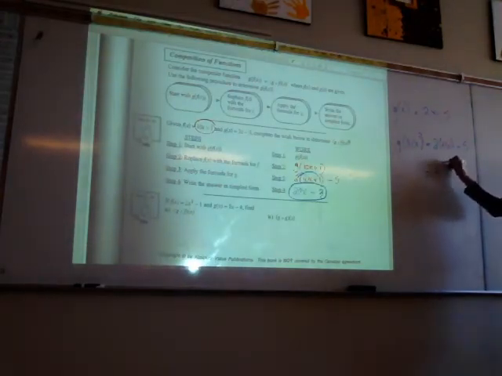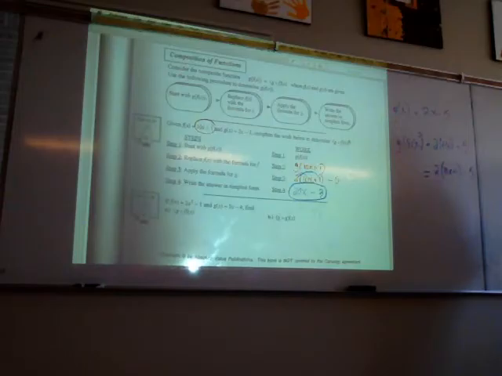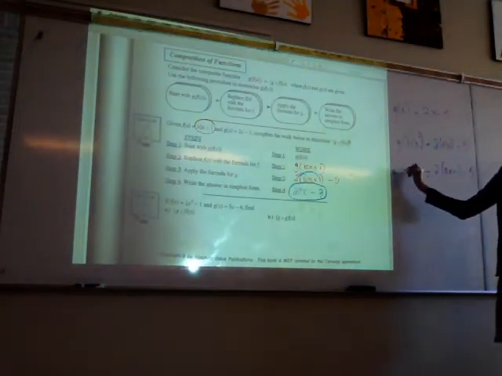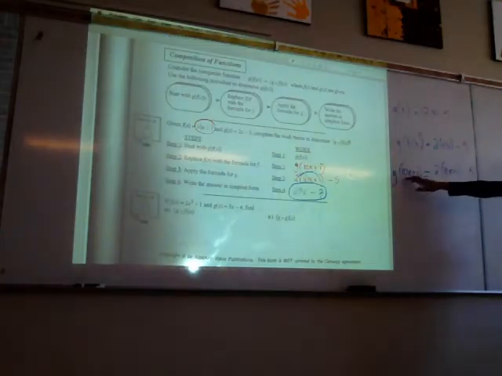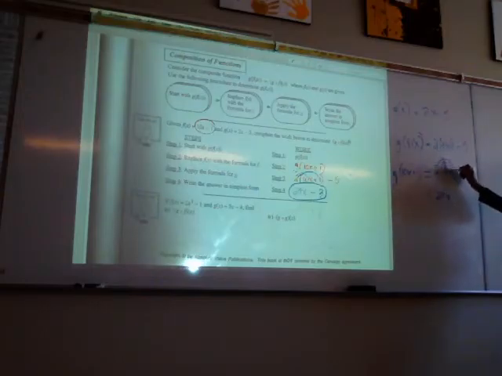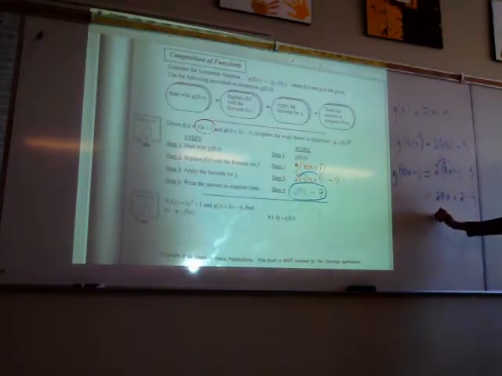Good. So we're going to just replace the f of x with 10x plus 1 and then subtract 5. If you want, at the beginning you can also write g of 10x plus 1. And then we just expand. So we get 20x plus 2 and then subtract the 5. So 20x minus 3.